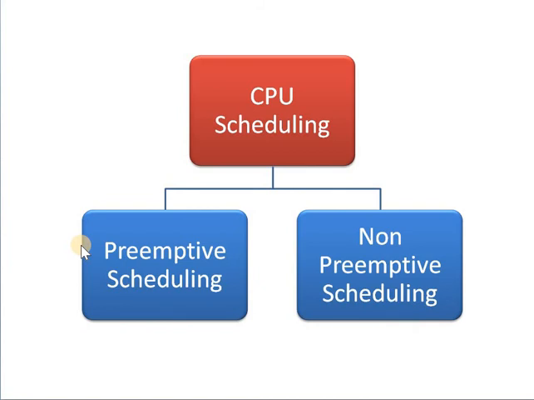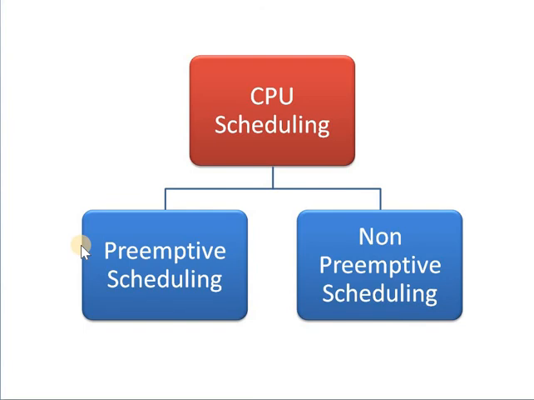Suppose the process P1 is being executed in a CPU. During the execution, another process with a higher priority than P1 comes in, and the CPU is allocated to that newly arrived higher priority process.